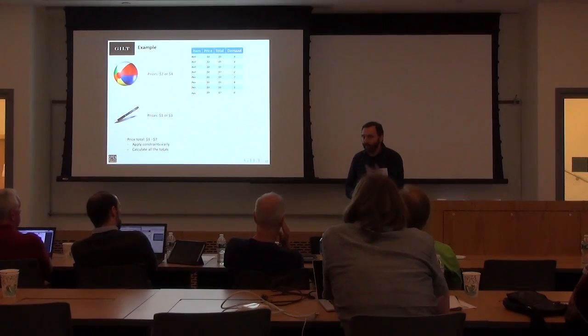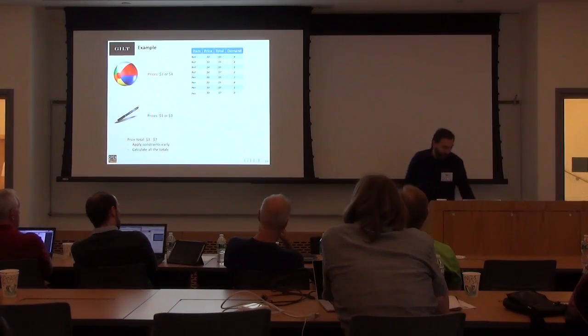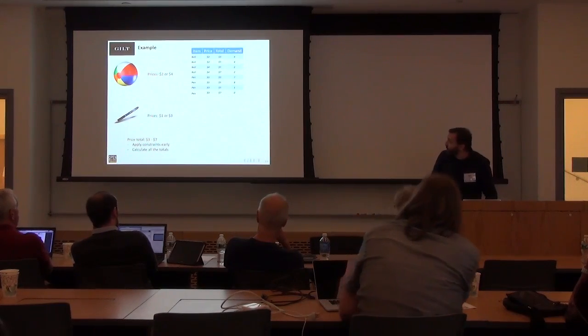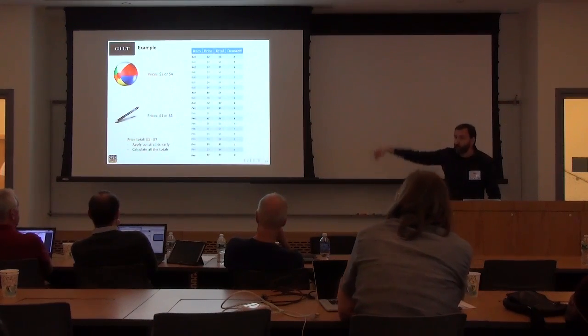It could be considered an optimization problem. But I worked around it by just saying all possible totals are somewhere between the sum of max prices for all the items and the sum of lowest prices for all the items. So what should have been this becomes this, all possible prices.